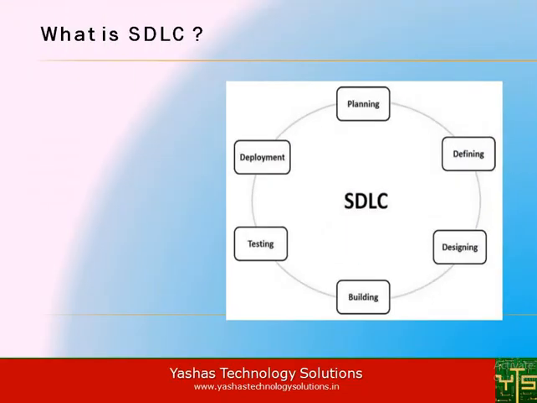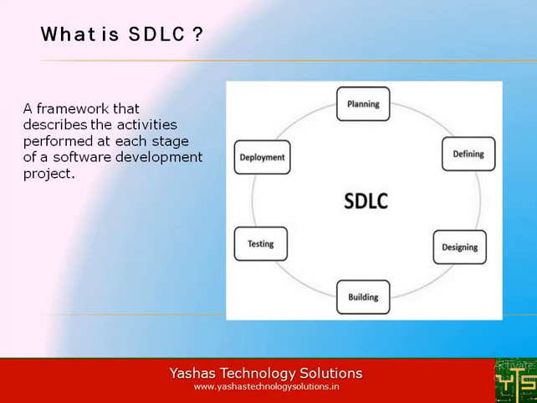While we understand SDLC is a framework that describes the activities performed at each stage of a software development project, SDLC is a process followed for a software project. Within a software organization, it consists of a detailed plan describing how to develop, maintain, replace, and alter or enhance specific software.